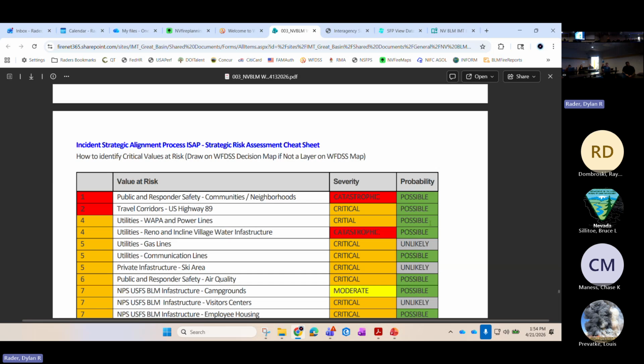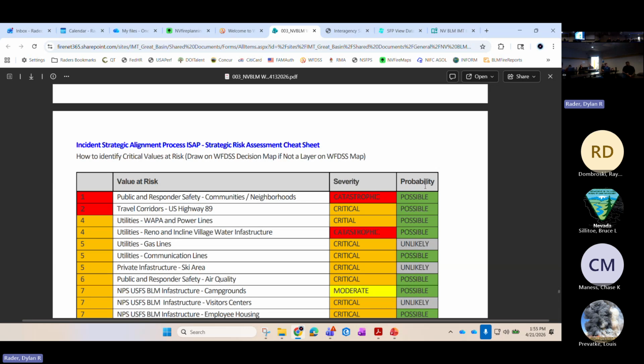If it falls anywhere above that 50% band, meaning there's a greater than 50% chance the fire may impact it, then you can go back into basic fire behavior and say that within that pixel, BehavePlus says we're going to have 12-foot flame lengths. If you know that you have 12-foot flame lengths, that gives you a pretty good idea of what the impact to that value is going to be, whether that's an infrastructure value or a natural resource value. You can determine both severity and probability through that FSPro run.